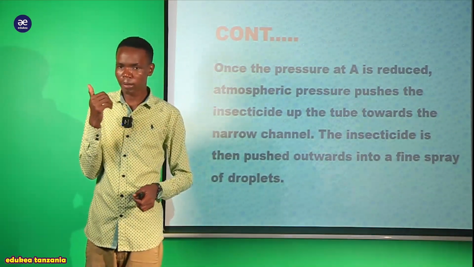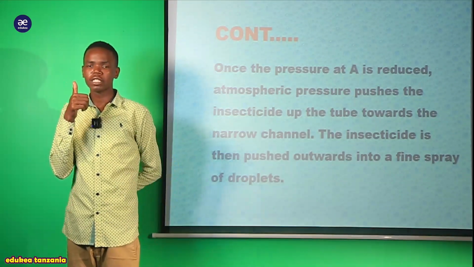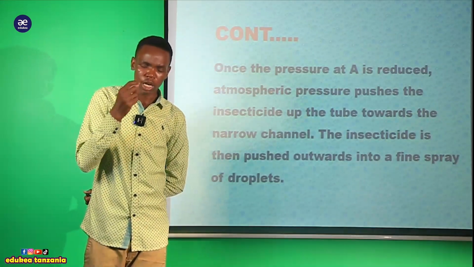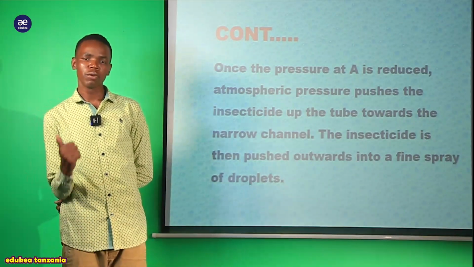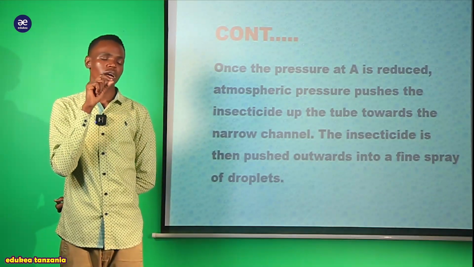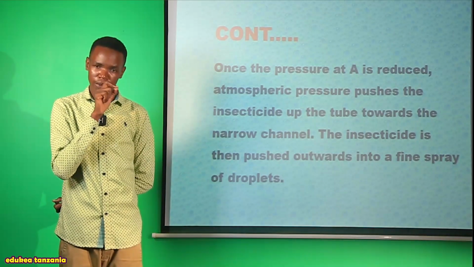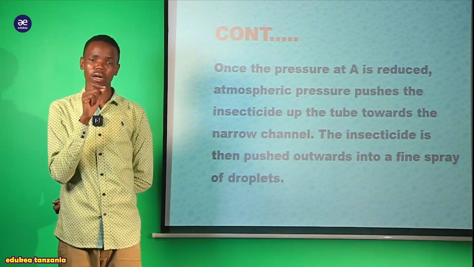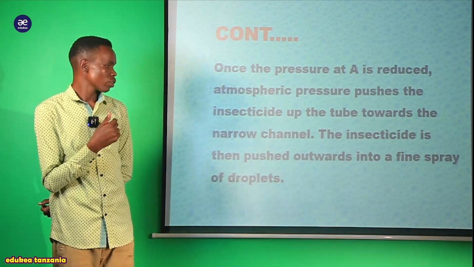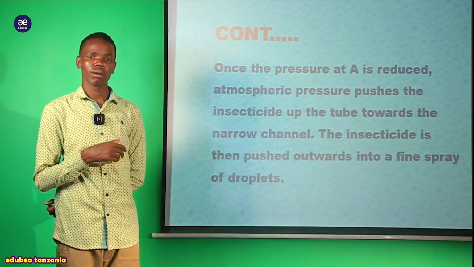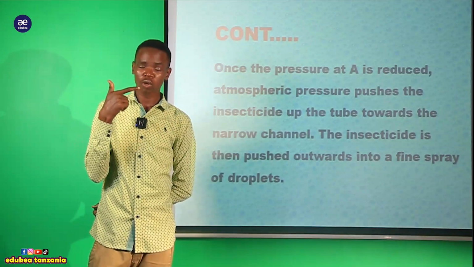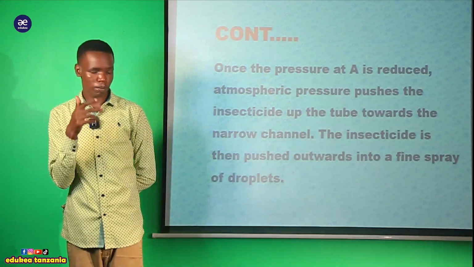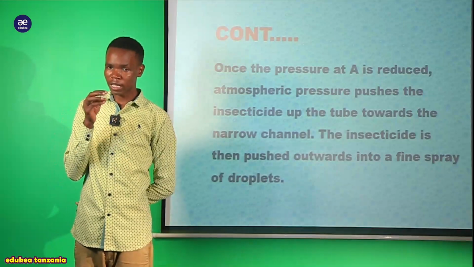Kwa hiyo utaiona sasa baada ya ile pressure kuwa reduced at point A, tunaiona ile atmospheric pressure itaipush ile insecticide kuelekea kwenye zile narrow channel. Ikishafika kwenye narrow channel, my dear student, itasababisha ile spray iweze kutoka kwenye matone in forms of the droplet or in forms of the fine sprays.